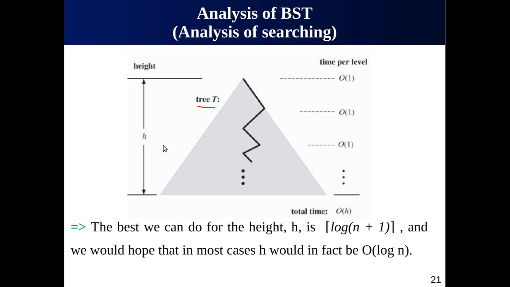The height of the tree can be as large as n, where n is the total number of nodes, but we expect that it is usually much smaller than n. So the best case is that the height of this tree is, as we know, log n plus 1.